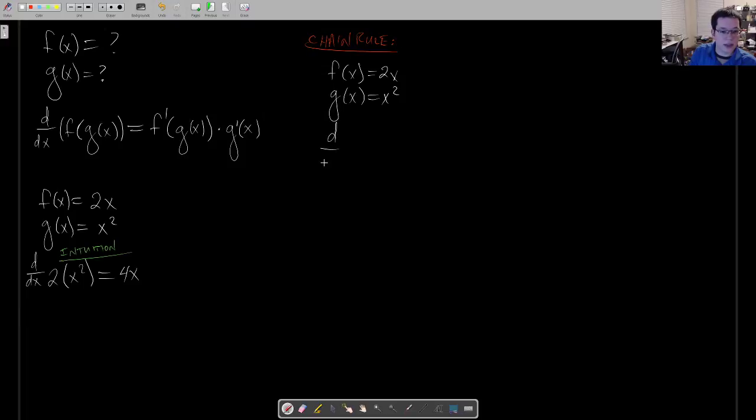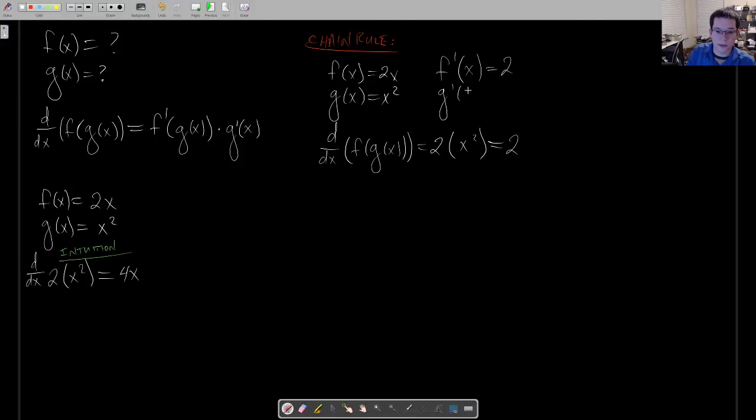We want to find the derivative of f of g of x, which is 2 times x squared. So we'll take the derivative of the outer part, which is 2, because f prime of x equals 2. The derivative of the inner part is 2x.